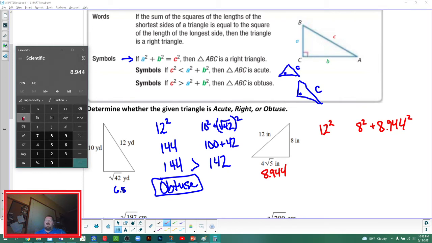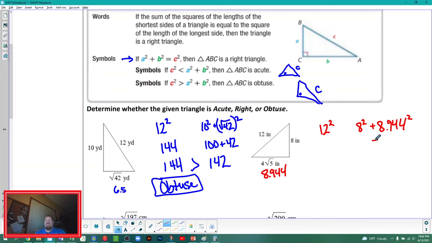We rounded it to 8.944. Let's go ahead and square that. If I round this, it's going to round up to 80. If I want to keep those 3 decimal places, it's 79.995. And then 8 squared is 64. 12 squared again is 144.